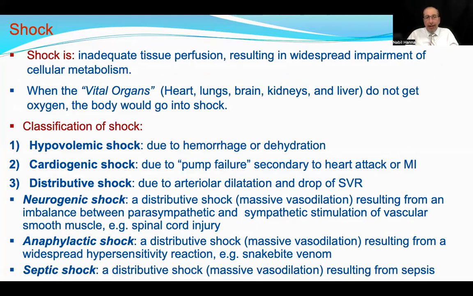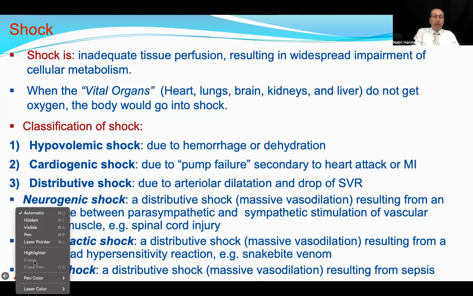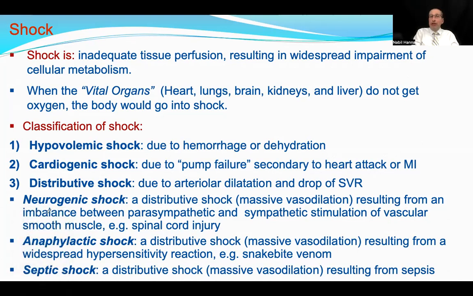So shock is inadequate tissue perfusion. Again, I have to ask you, what do you mean by inadequate? How can we measure the inadequate? Inadequate tissue perfusion resulting in widespread impairment of cellular metabolism when you force the cells to do anaerobic metabolism.